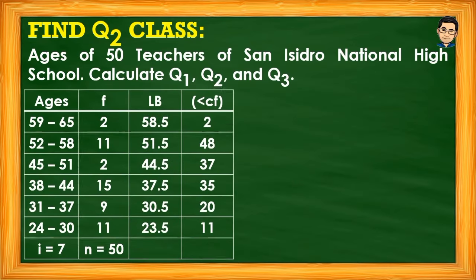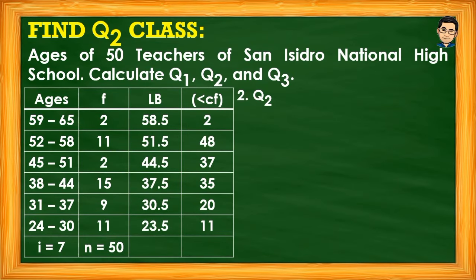Next naman, we'll look for the Q sub 2 class. So kagaya ng ginawa natin kanina, so Q sub K is equal to Kn over 4. Then Q sub 2 is equal to the value of K, 2, times, again, the value of N, 50 over 4.